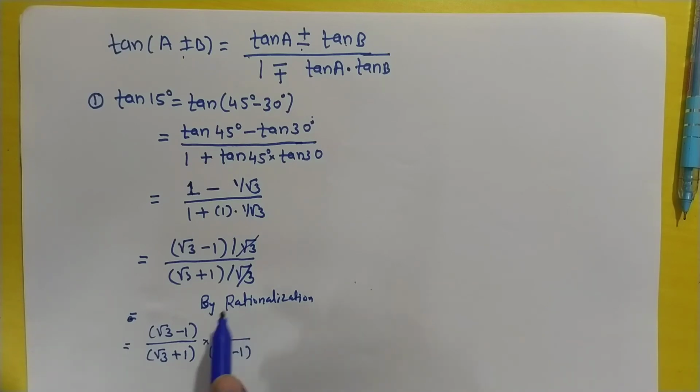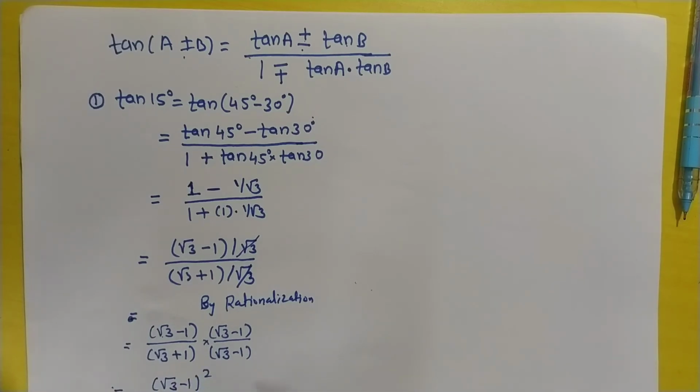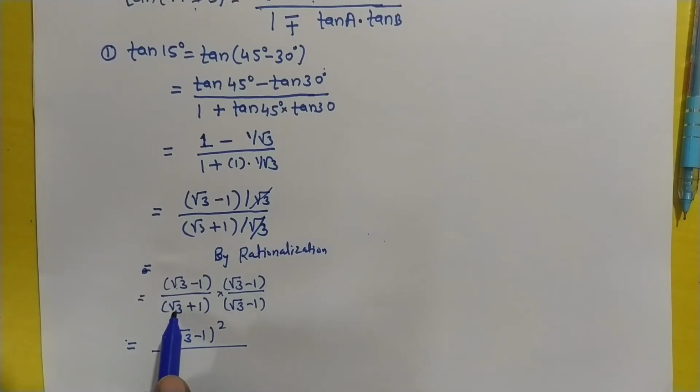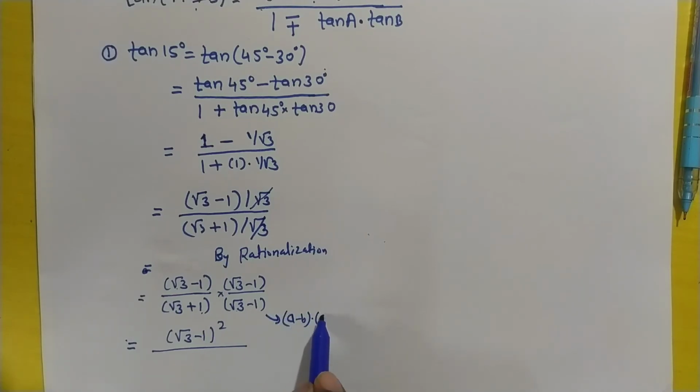You multiply at numerator as well as denominator by root 3 minus 1. So at the numerator we get root 3 minus 1 times root 3 minus 1, which becomes root 3 minus 1 bracket square, on divide root 3 plus 1 and root 3 minus 1. This is the format of A minus B multiplication A plus B.